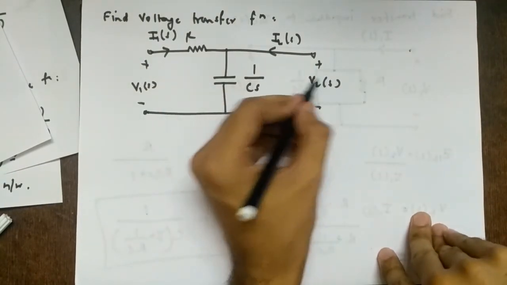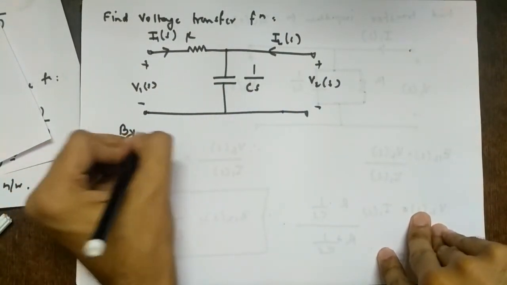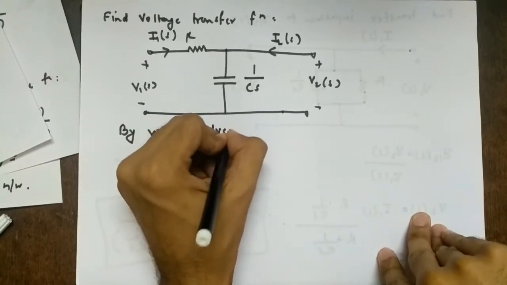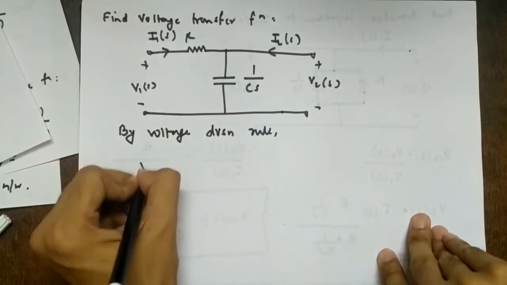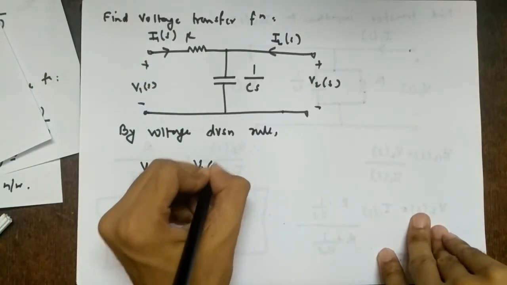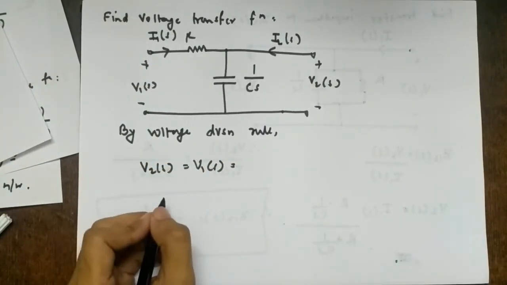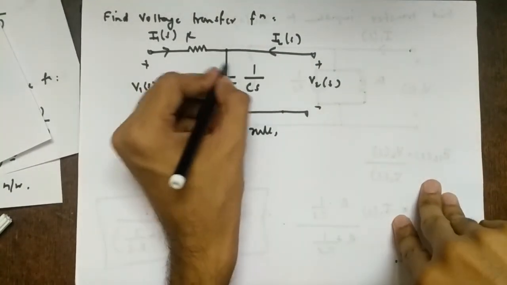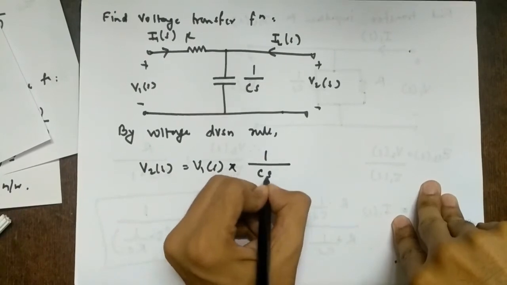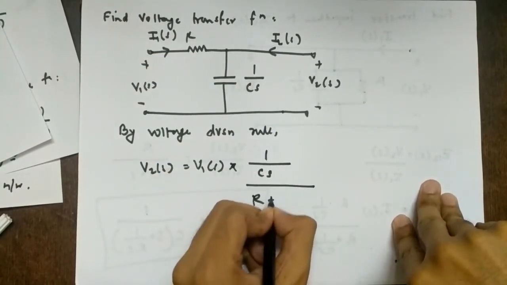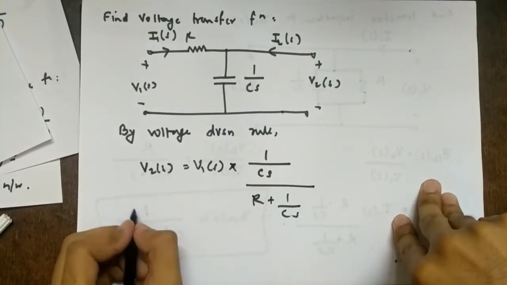So let's try to find V2. I can use the voltage division rule here. So by voltage division rule, what will be V2 of S? It will be the total voltage, V1 of S, into this impedance 1 by CS upon the total impedance, so R plus 1 by CS. So simple voltage division rule which you have used in BEE.